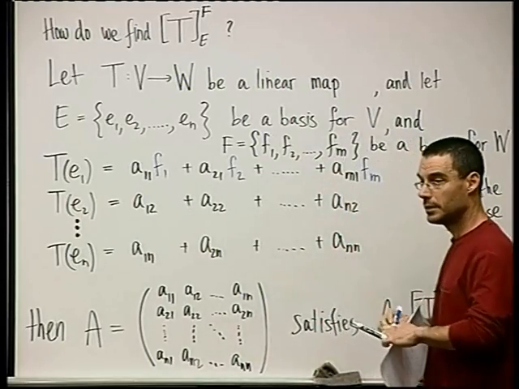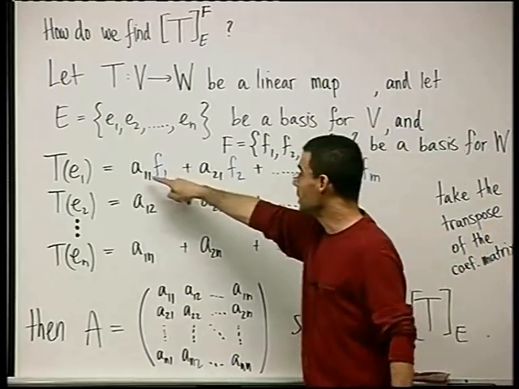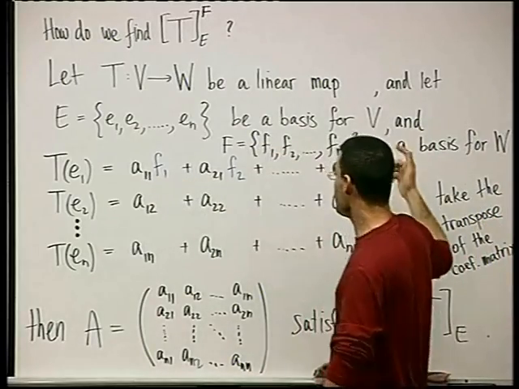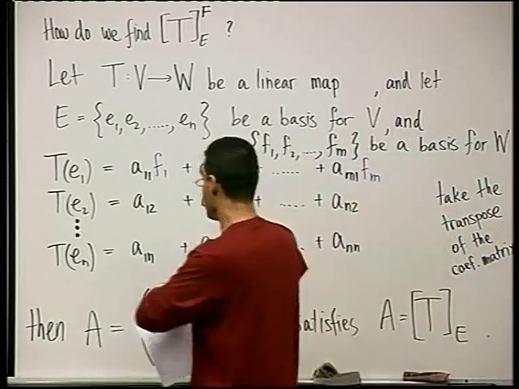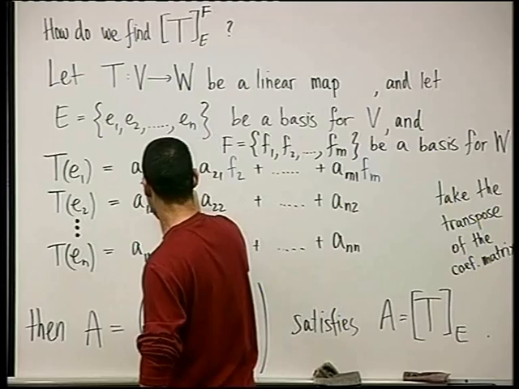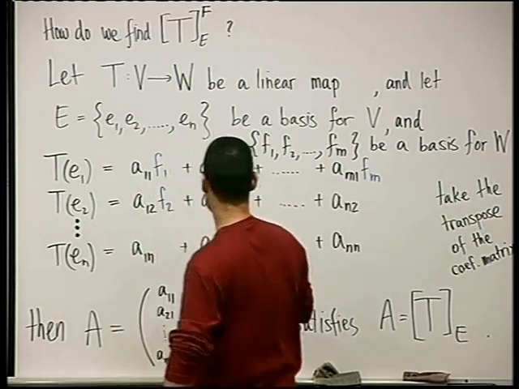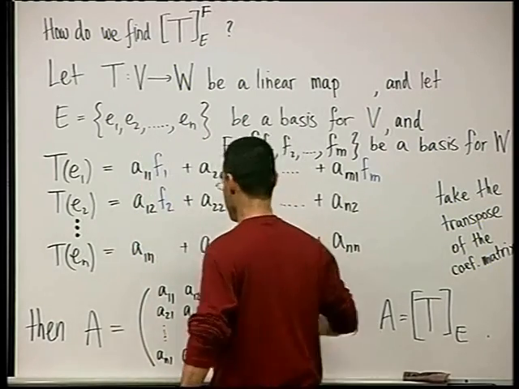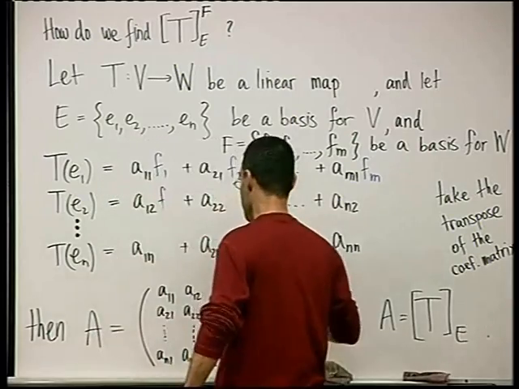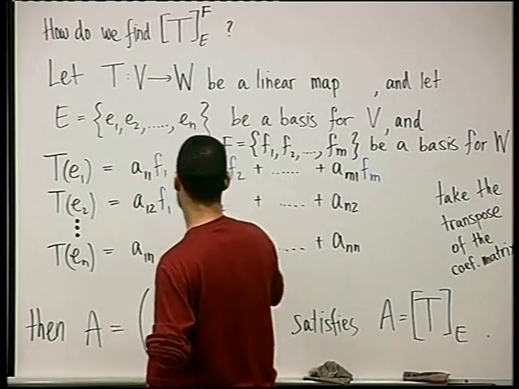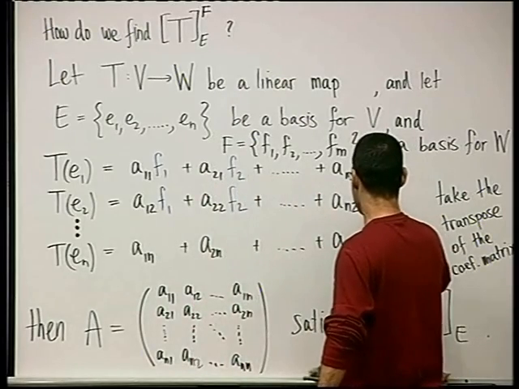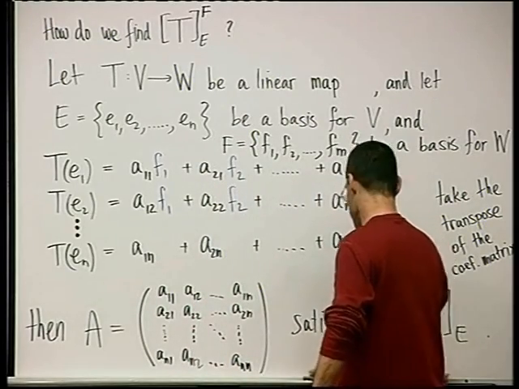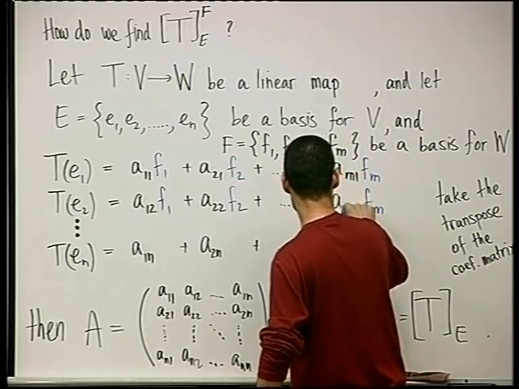Do you agree? Any element in the range is a linear combination of the basis for the range. And likewise, T of E2 is A12 F1 plus A22 F2 plus AM2 Fm.